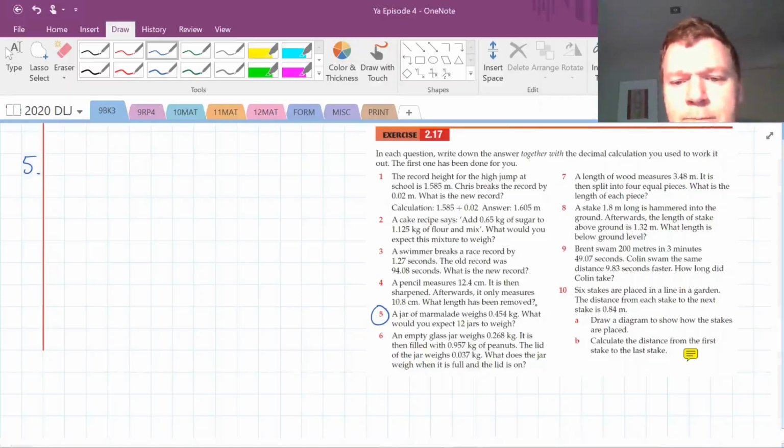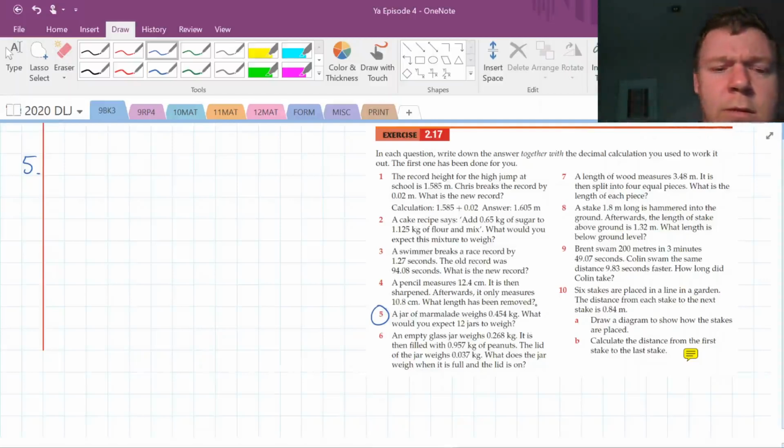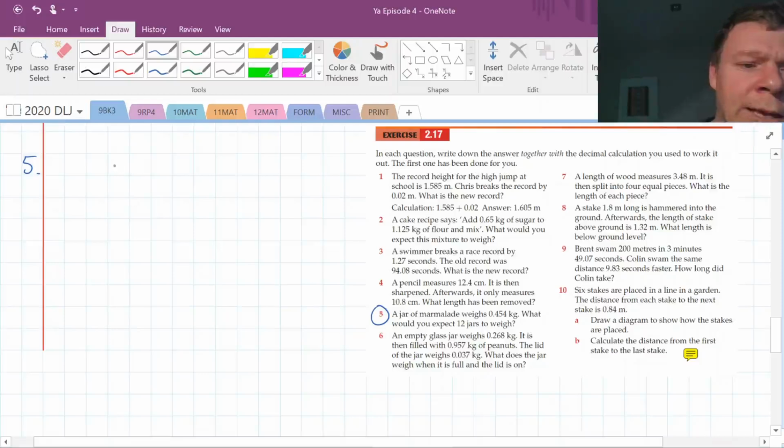All right, so let's do that. So that 12 jars would be 12 times 0.454.